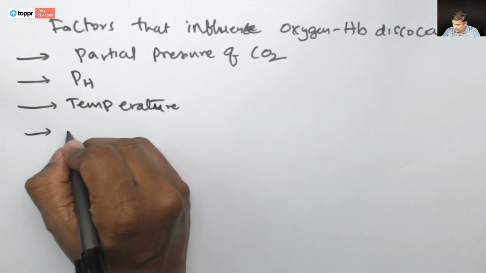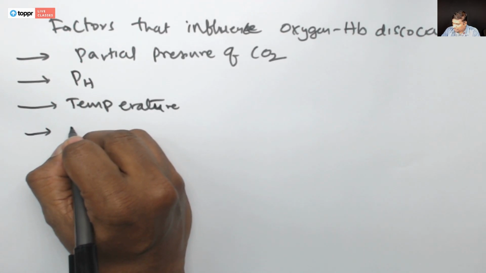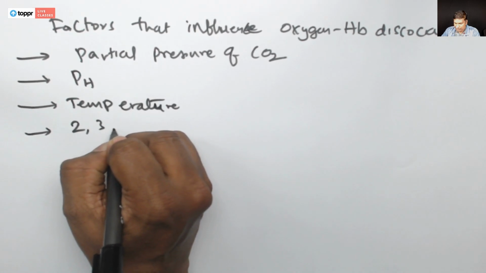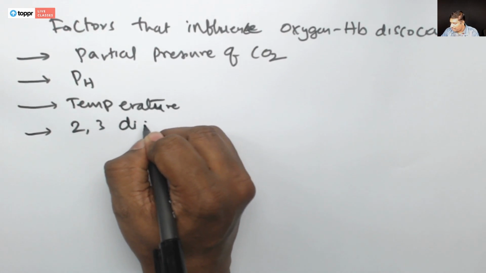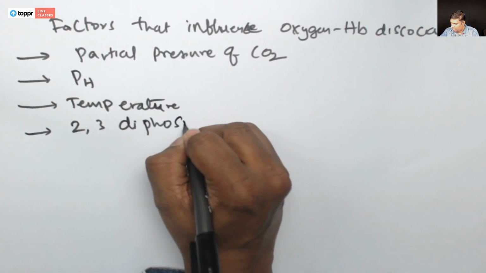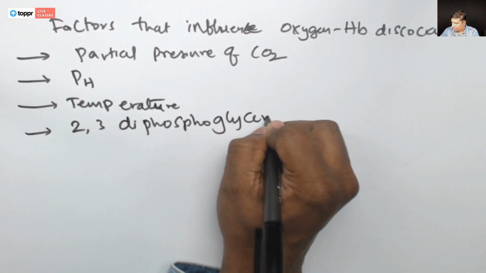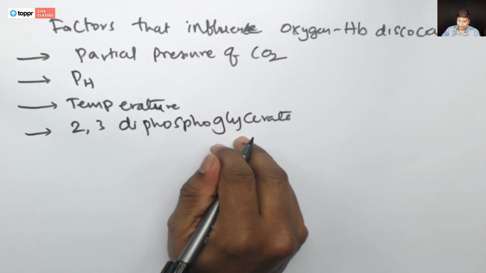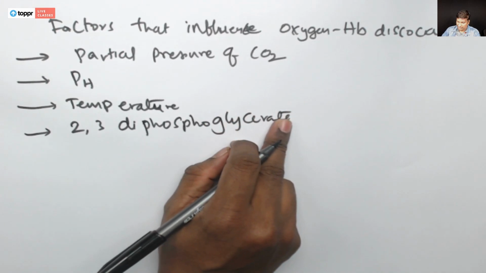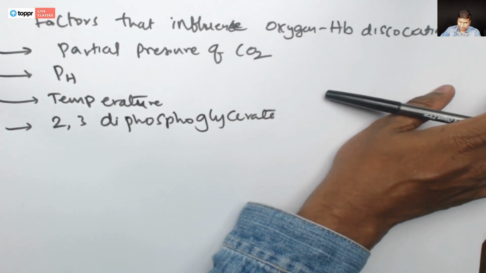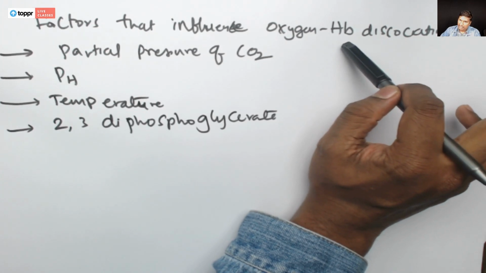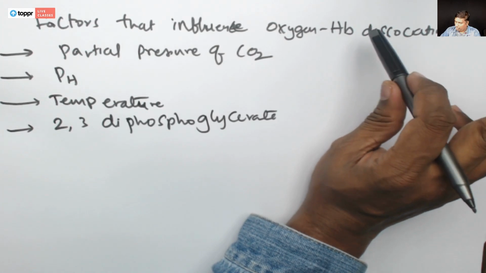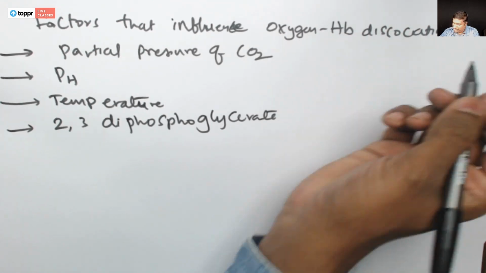And you won't find this in most of the textbooks, but there are a couple of other factors which actually influence this. One is 2,3-diphosphoglycerate. This is a chemical compound which is found in the RBC. Even this influences the oxygen hemoglobin dissociation curve, that is the oxygen binding ability of the hemoglobin.